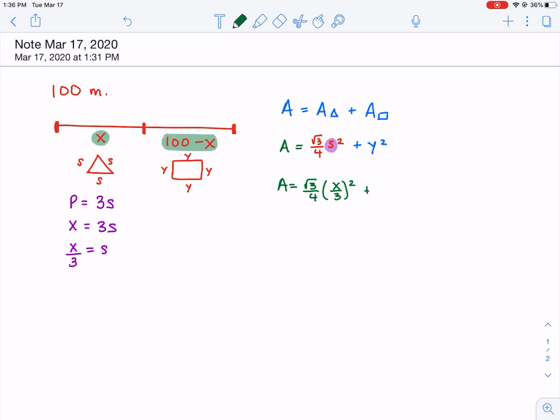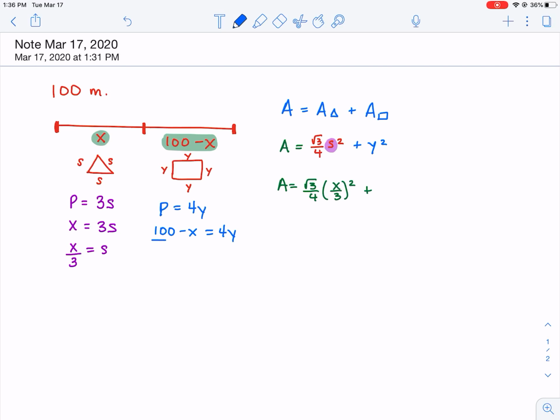In addition, we can find an expression for Y that's also in terms of X. The perimeter of the square would equal 4Y, or Y plus Y plus Y plus Y, all 4 sides added together. We know that 100 minus X would have to equal 4Y.